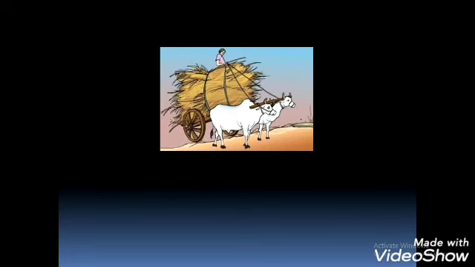Animals like bullocks, horses, donkeys and camels are used to perform various tasks for us. In performing these tasks, they use muscular force. Since muscular force can be applied only when it is in contact with an object, it is also called a contact force. There is a contact between objects.